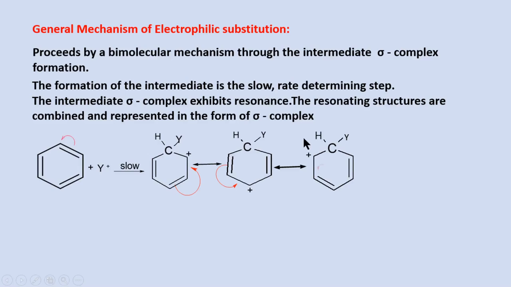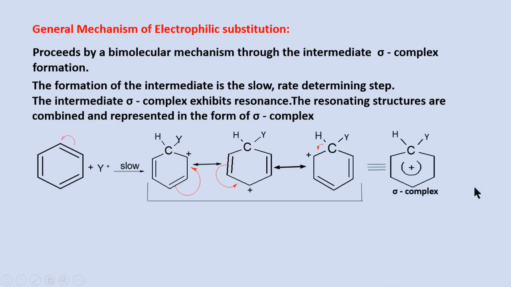From this, when we remove the hydrogen as H plus and the bond is shifted, the original structure will be obtained. Now, all these resonating structures together are represented in the form of the sigma complex. All these three are equivalent and you will be getting the sigma complex.